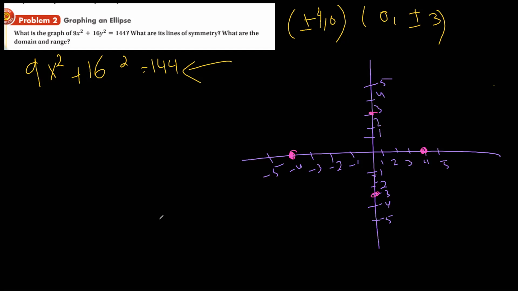Now if you look at these points, we know that a circle has the same radius from the center to any point on the circle. But look here, the distance is 4, and here the distance is 3. So this will not be a circle, because if it were a circle, the vertical distance would be 4 and the horizontal distance would be 4 too. So it will be a kind of circle that we call an ellipse.